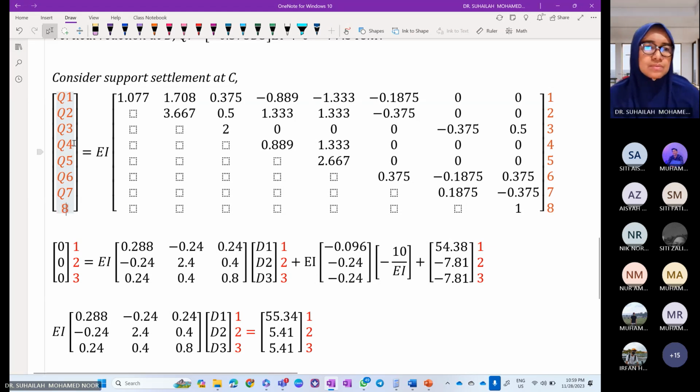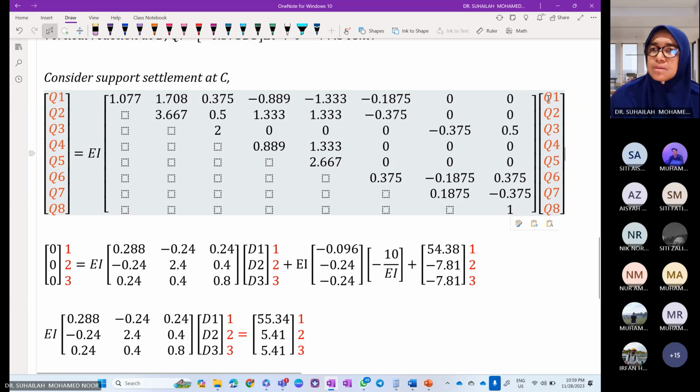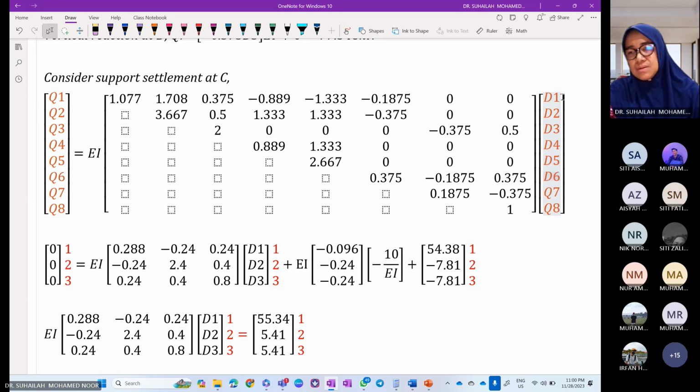This is Q. And dia kat sini D. Kan Q is equal to KD, right? D. So sini semua D. That's the formula D. Sini D. Sini D. So yang D1 sampai this 8, this comes from Q is equal to KD.